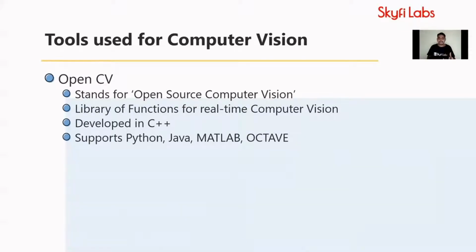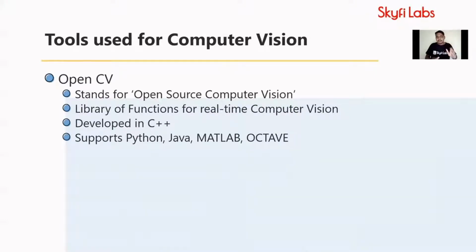You can search for its documentation on the internet, and there are a lot of blogs, a lot of articles, a lot of YouTube videos which explain computer vision in a great way, right? Now it was developed in C++, and if you know Python, Java, MATLAB or Octave, these are the four softwares which support computer vision, and we can implement computer vision on these platforms, right?